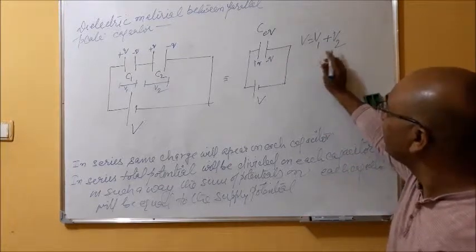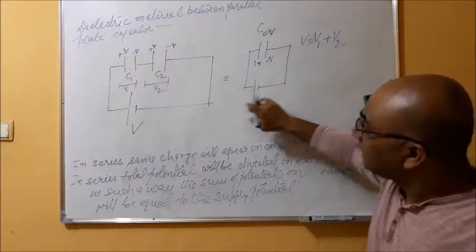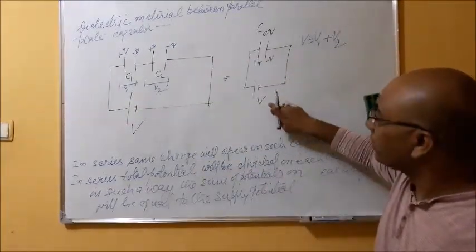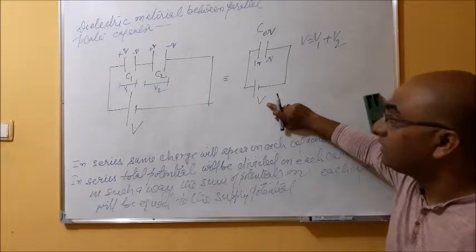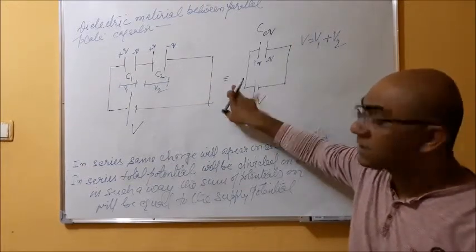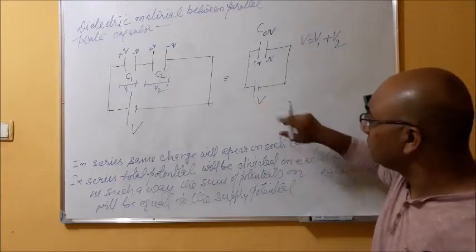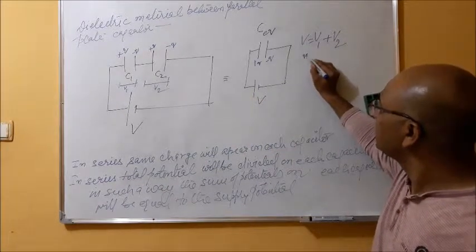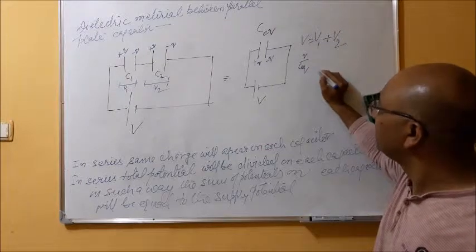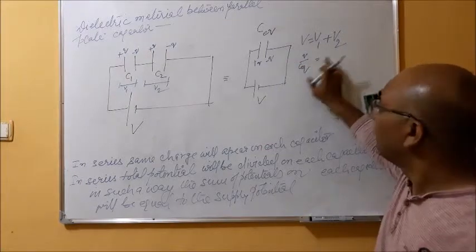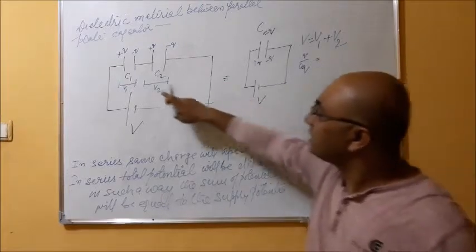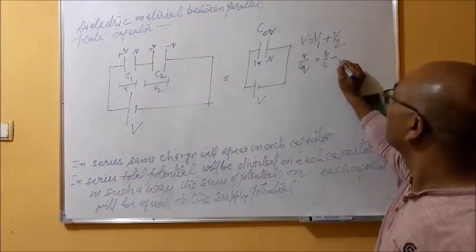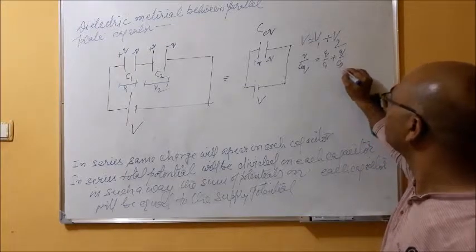Because both the figures are equivalent, I can write this as Q upon C equivalent from this figure, and from this figure V1 is given by Q upon C1 and V2 is given by Q upon C2.